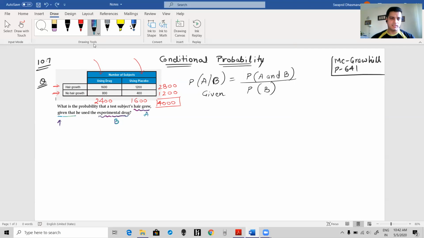So I can simply say that the number of people who had hair growth and also used the drug will be 1600. And the number of people who used the drug is given by this value right there, that is 2400.